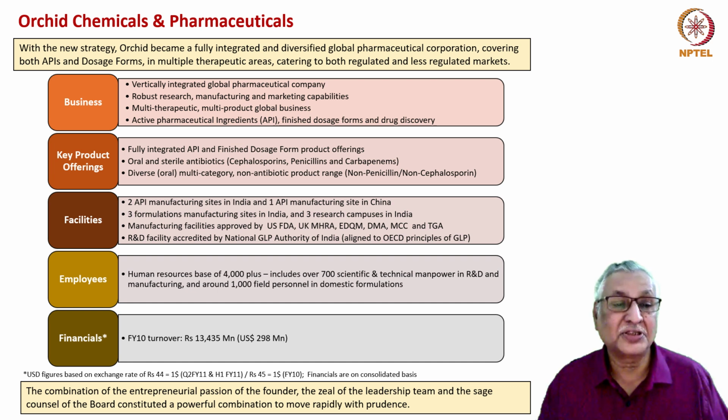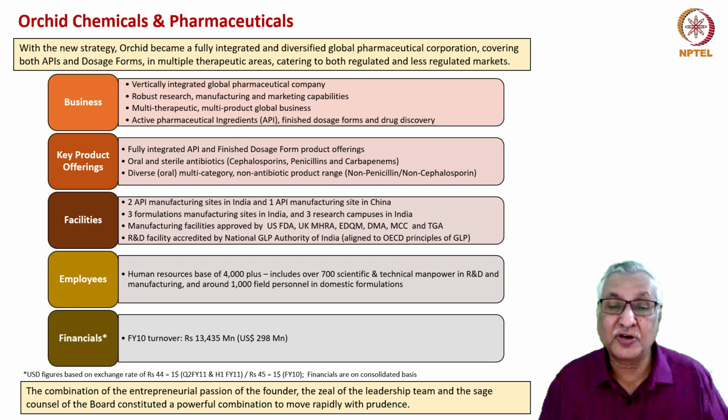In my previous lecture, I presented the same slide, but I am recalling it for you for a quick grasp of how the business was expanded vertically in terms of integration and horizontally in terms of different product groups, and how the product offerings were helpful in terms of different therapeutic classes and oral and sterile diversity, which would be very important in the global pharmaceutical industry.